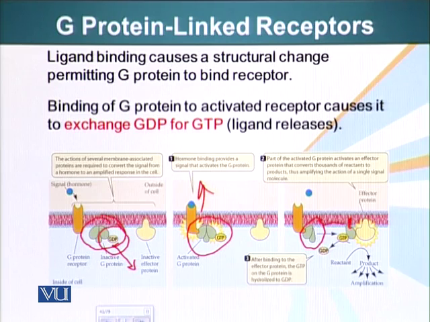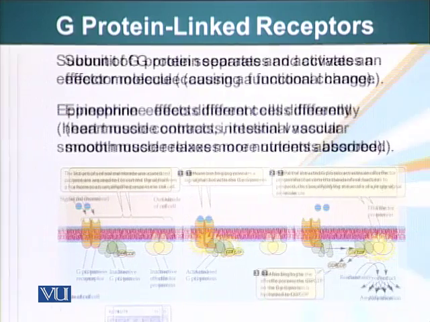Once the signal has been received and the cell has performed the relevant duties, it wants to move back to ground state. So it is very important that the ligand is also removed from the system, which happens once the G protein interacts with the activated receptor.